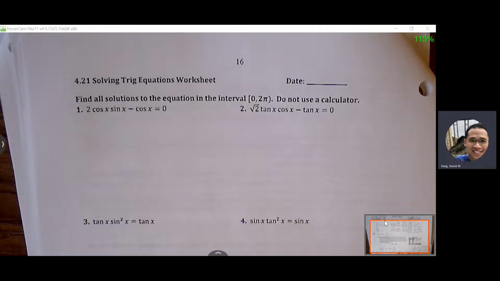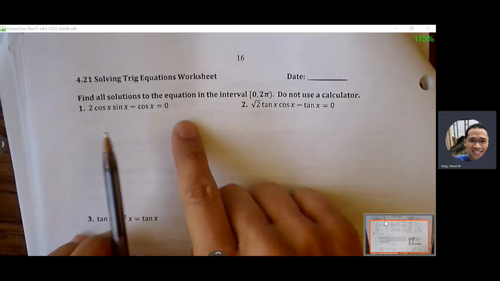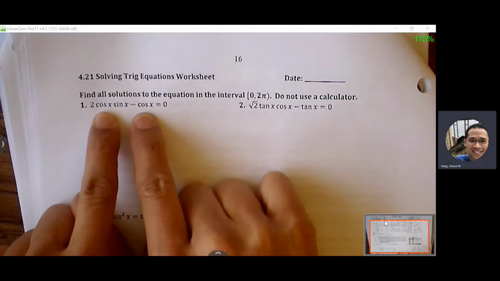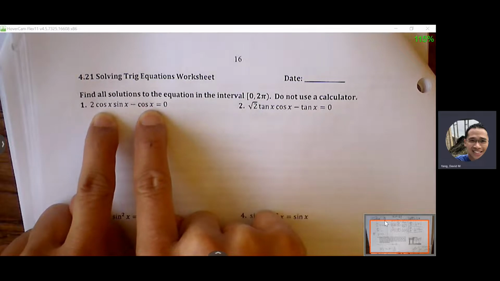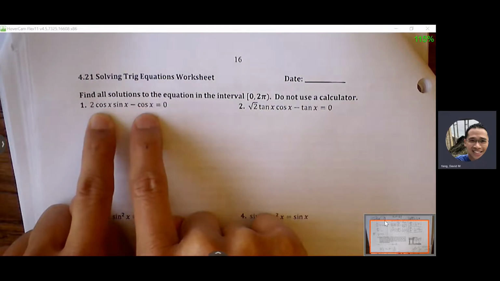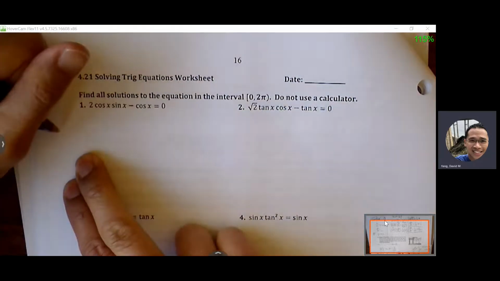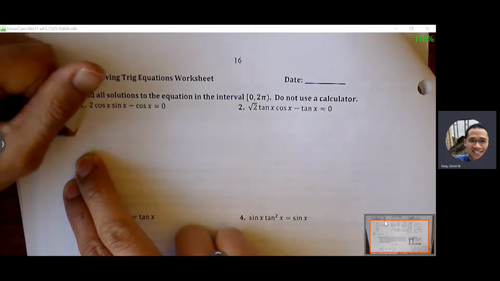All right, so we never want to try to cancel any variable or trig terms out. We want to hold on to all of our variables so we can find all the solutions. So we're looking at 2 terms here. We can think in terms of factoring, right? What's the GCF that we can take out of both these terms here? Cosine x, okay, so we're going to take cosine x out.